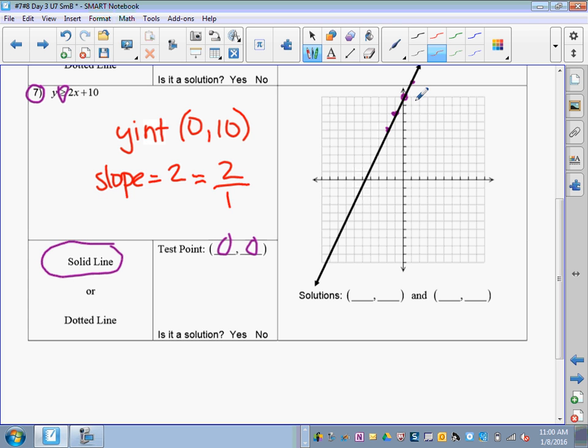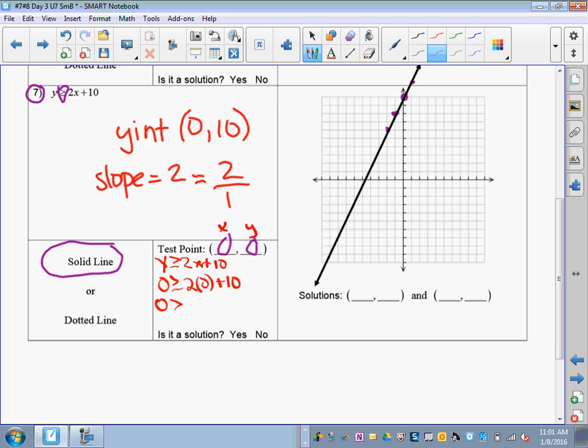So again, we have y is greater than or equal to 2x plus 10. We put in 0 for y, greater than or equal to 2 times 0 for x, plus 10. So we're checking.